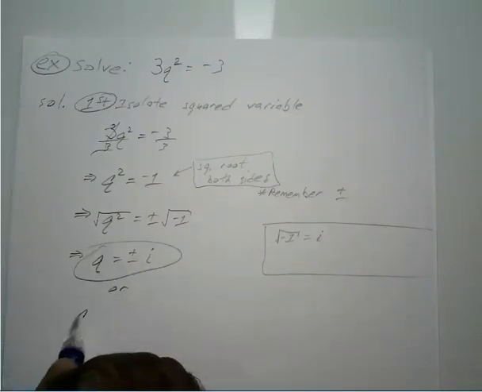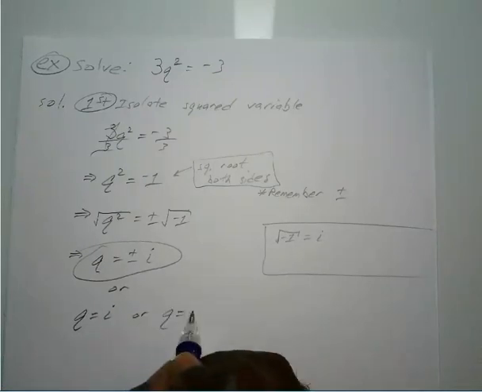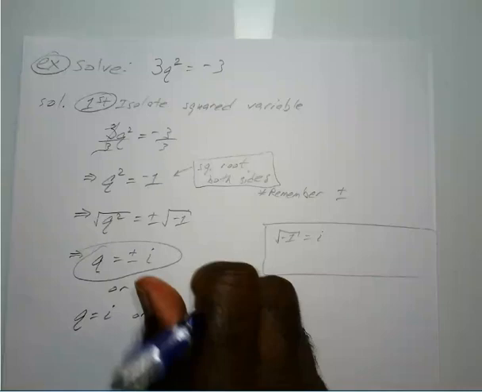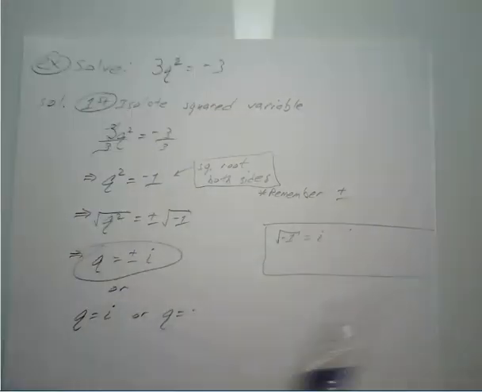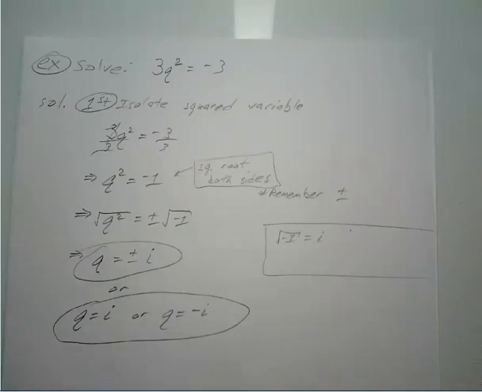Or you can write it as q can equal positive i, or q can equal negative i. Okay, so either one of those answers will work. Alright, so let's go ahead and do another example.